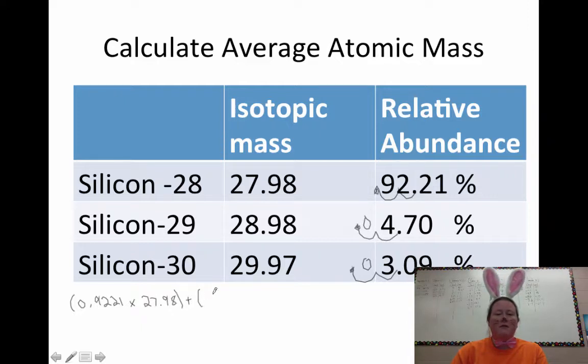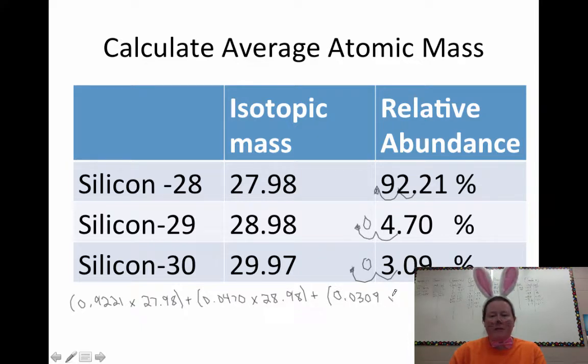plus 0.0470 times 28.98 plus 0.0309. This is probably super boring as you're waiting for me to write these things.